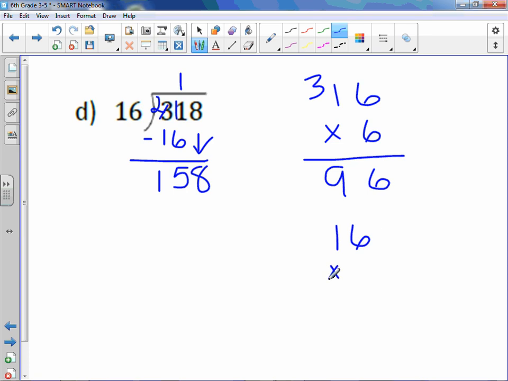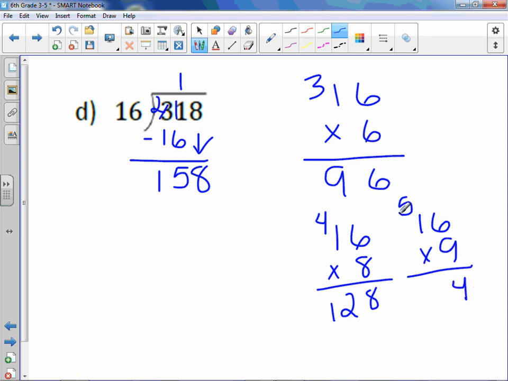Let's try 8. 8 times 6 is 48. 8 times 1 is 8, plus 4 is 12. Looking better. Let's see if we can go to 9. 16 times 9. We've got 54. 9 times 1 is 9, plus 5 is 14. It looks like 9 it is.